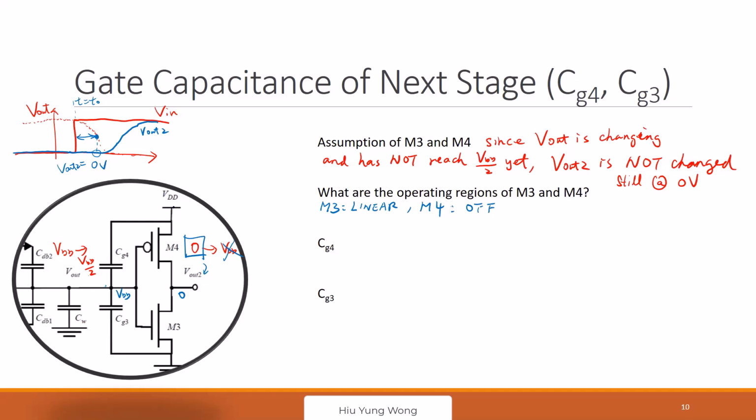Okay, now this is important. Let's think about how you perform again the gate capacitance. In the off state, I have this one. In the linear state, I have this one.